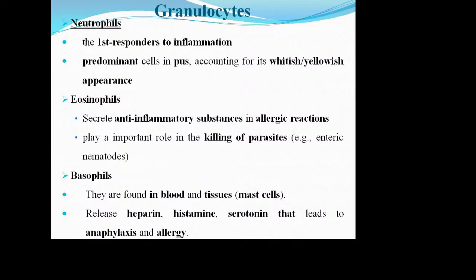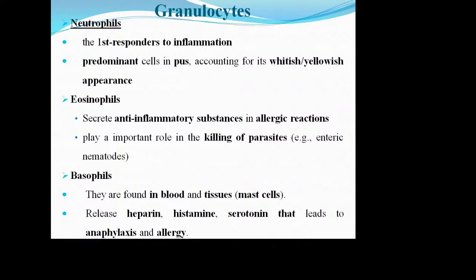The other ones are eosinophils. Eosinophils secrete anti-inflammatory substances in allergic reactions, and they play an important role in the killing of parasites. Great role in killing of large antigens such as parasites or protozoa belongs to eosinophils. Basophils are found in blood or in tissues.